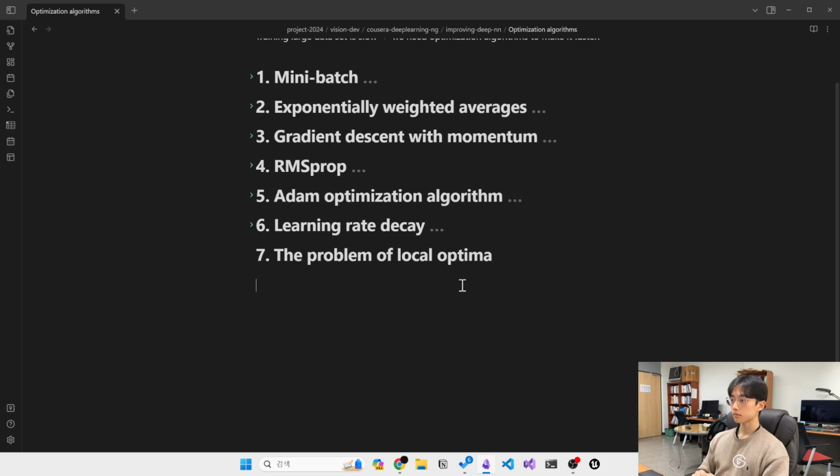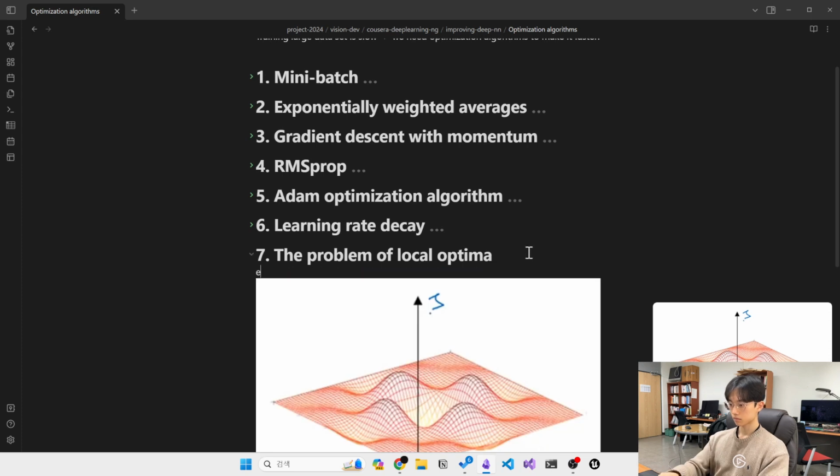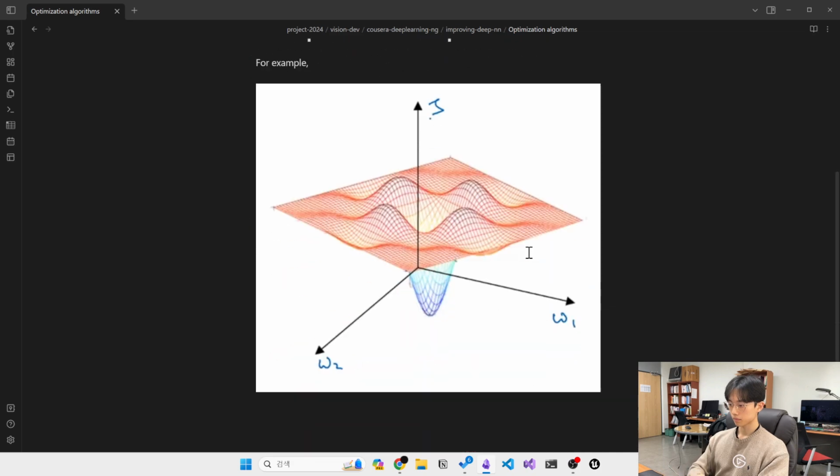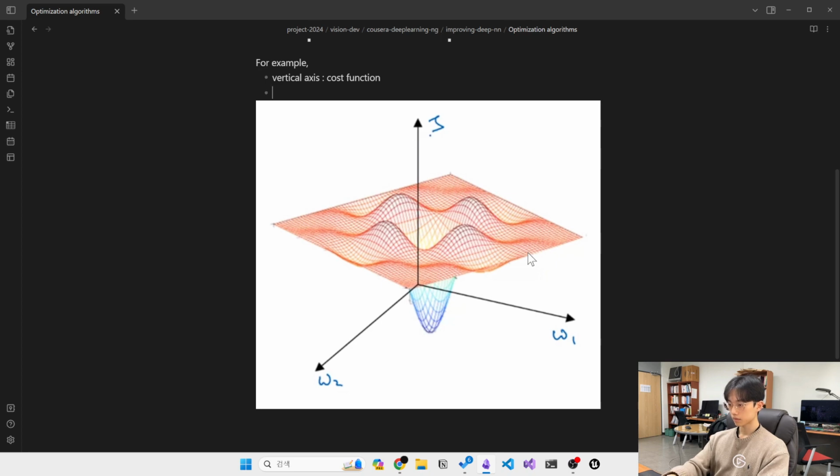So this was a picture people used to have in mind when they worried about local optima. Maybe you're trying to optimize some set of parameters, I'm going to call them W1 and W2, and the height of the surface is the cost function.